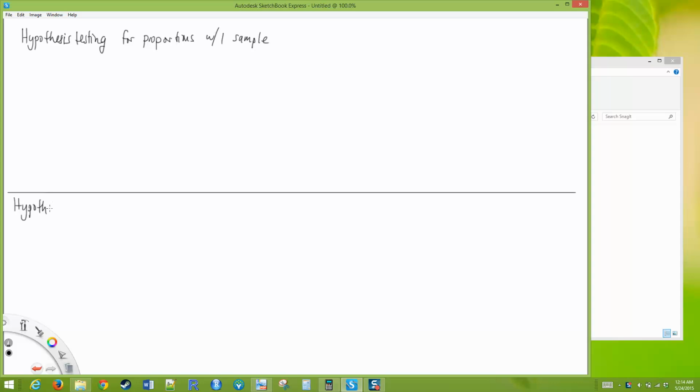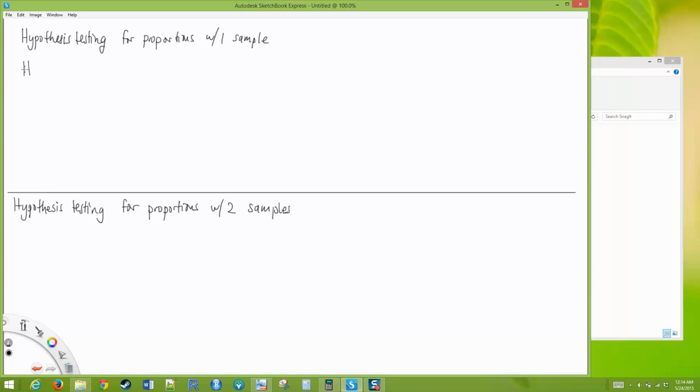These are the two types of problems that you will encounter this week, and you will want the appropriate formulas for each of these.